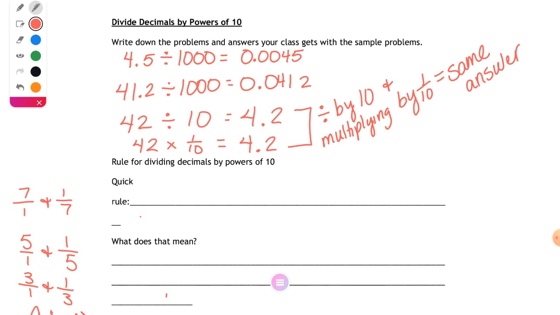Looking back at these examples, what's happening to the decimal point from the first number to your answer? So to go from 4.5 to 0.0045, what's happening? Yeah, the decimal point is moving to the left. How many times in that first one? 3.